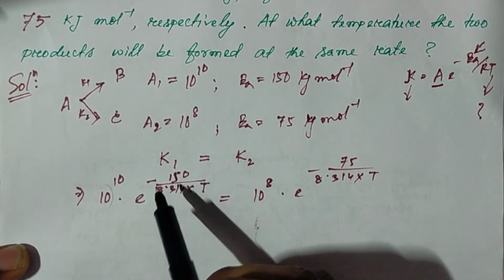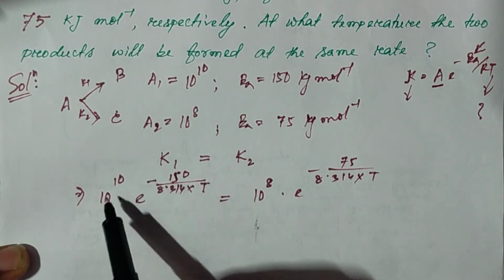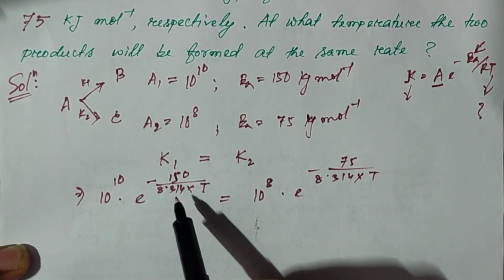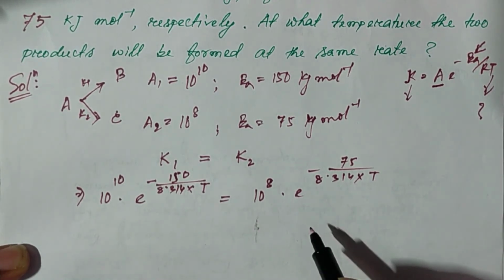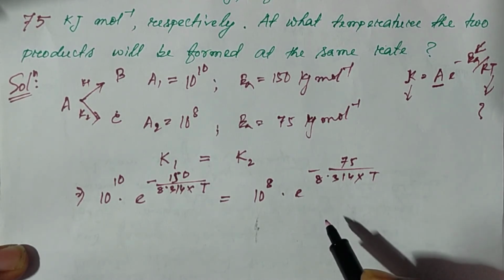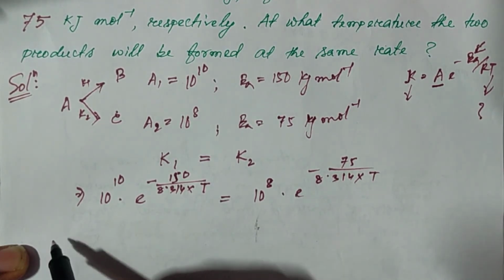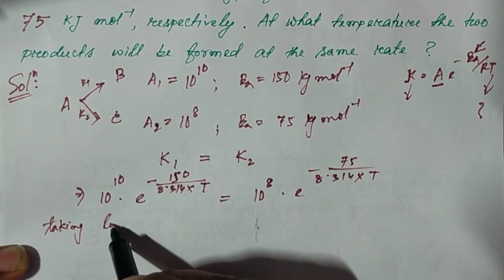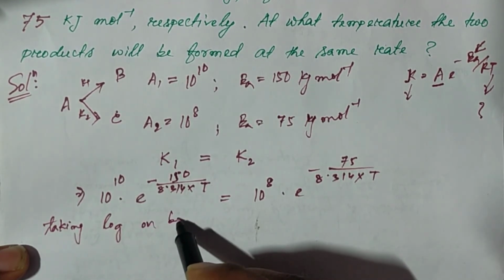I will write this Arrhenius equation: k is equal to A e to the power minus Ea by RT. Here I have written this, and next I will take log of this equation. Taking log on both sides.